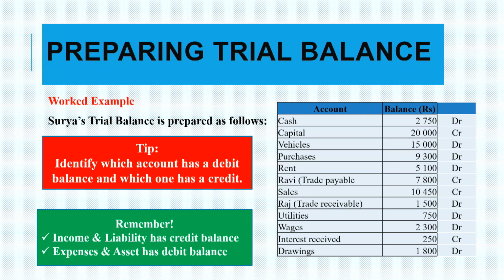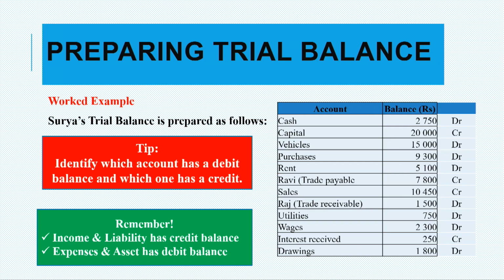To prepare the trial balance in this kind of exercise, where you have independent figures, remember, you have to identify which account has a debit balance and which one has a credit balance.